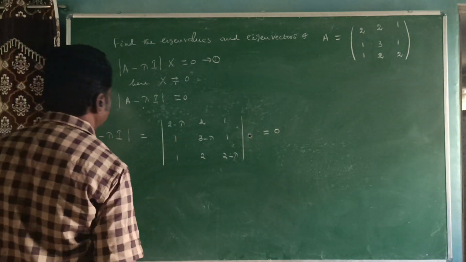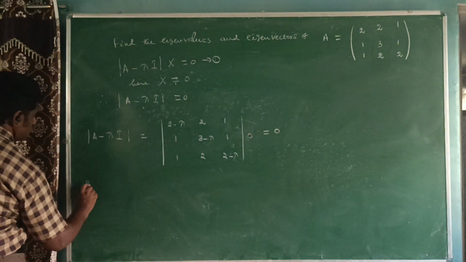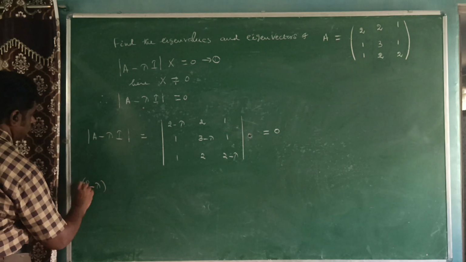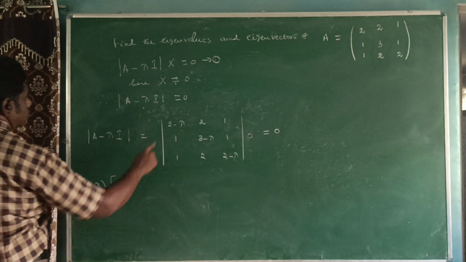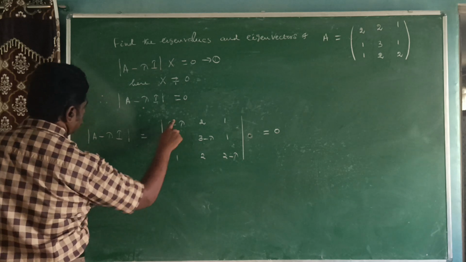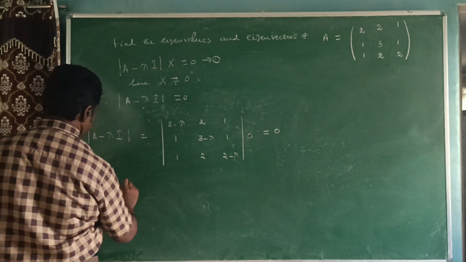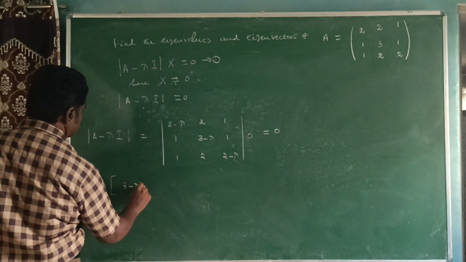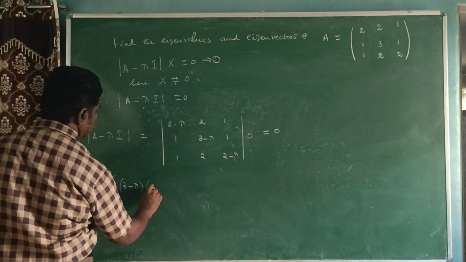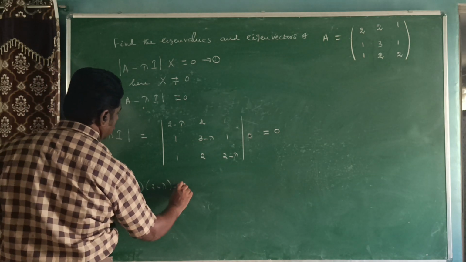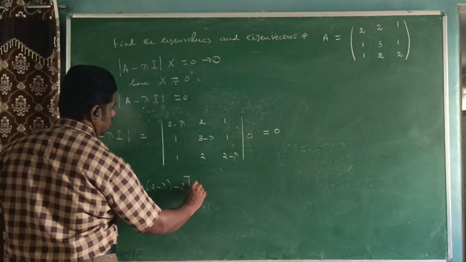Now we have to simplify this. 2 minus lambda into, just leave this column and this row, (3 minus lambda)(2 minus lambda) minus 2.